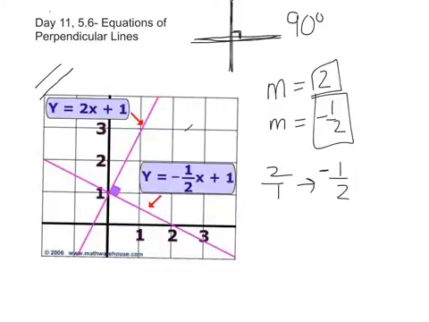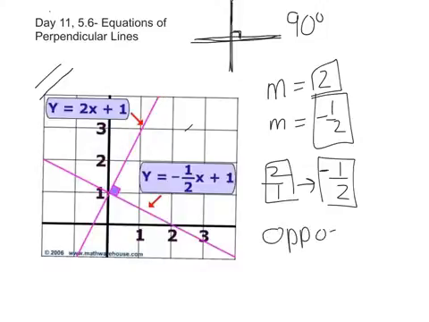This is something that happens between any two perpendicular lines. Their slopes are what's called opposite reciprocals.